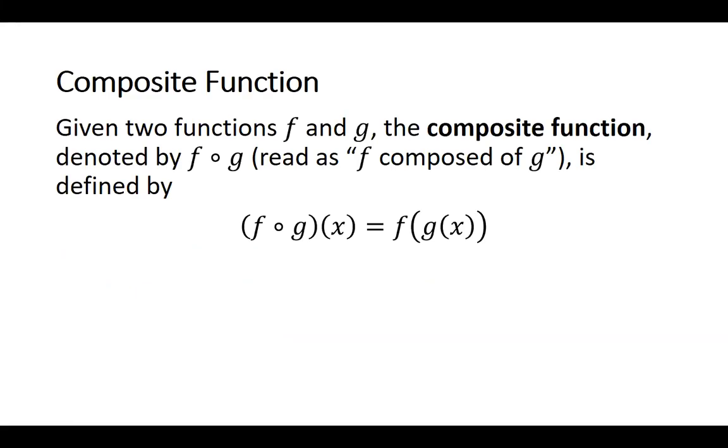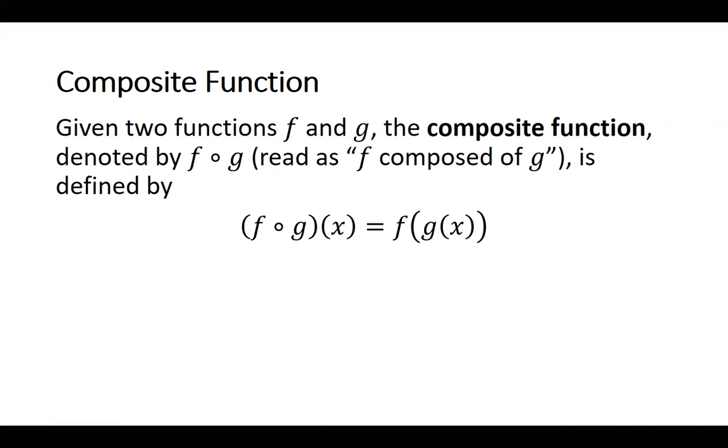Composite function. Given two functions f and g, the composite function denoted by f with a little circle symbol, g, do not confuse that with the multiplication dot, is read as f composed of g and is defined by (f∘g)(x) = f(g(x)).